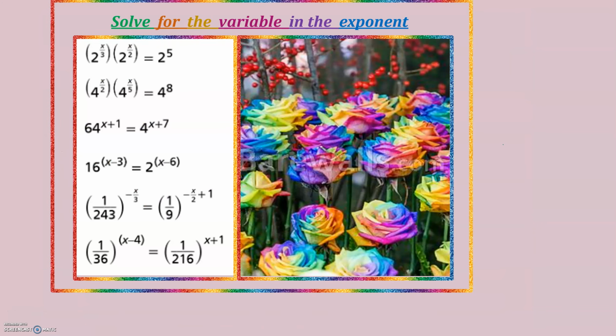Here we go. Okay, so here are your 6 problems. I'm going to tell you that these 2 are very much like what we did in our last video. These 2 are very much what we just did. And these bottom 2 are very much what we just did, but the fractions make it look more difficult than it is. All right, so I will help you out by talking about what our same bases are.